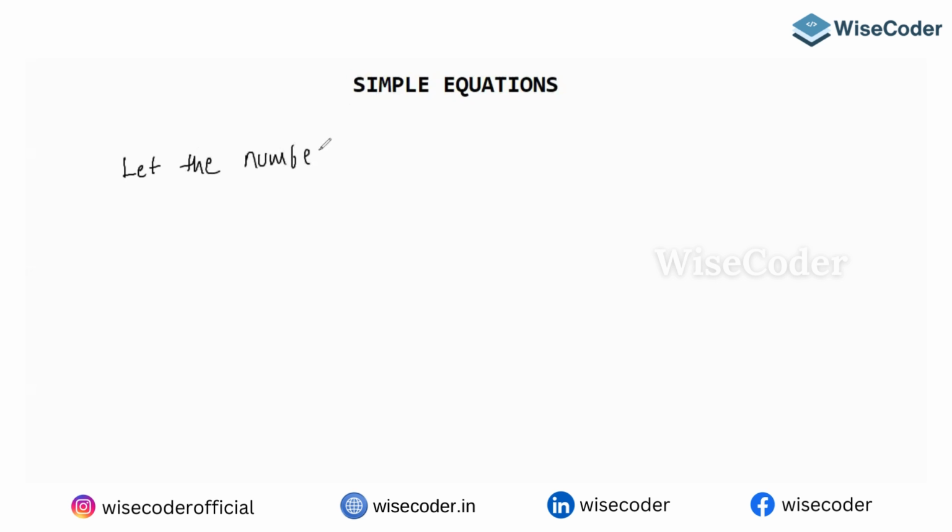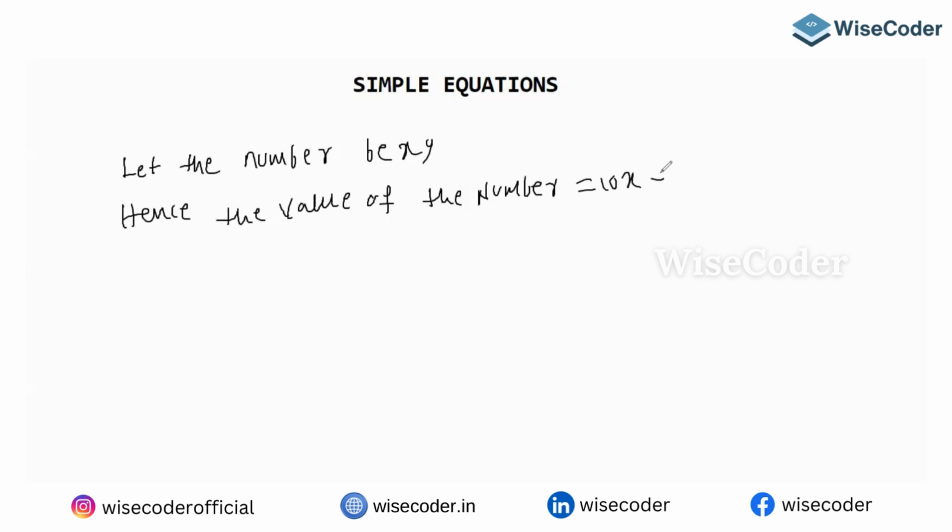Let the number be xy. Hence the value of the number is going to be what, guys? 10x plus y. And in the question only, he's saying the digits differ by 2.